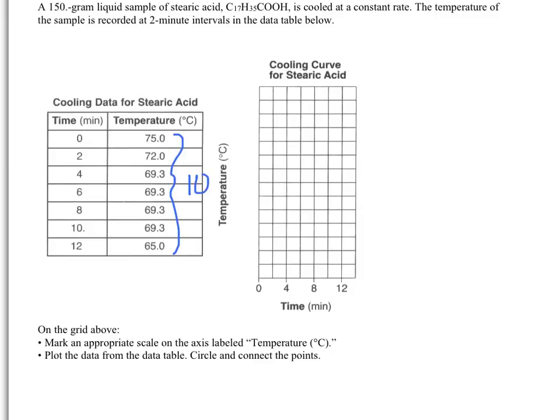Now, what many students may wish to do is to make their scale so that every number from 0 to the top number is displayed. That actually is not the best graphing technique, as we're really only concerned with the numbers given. In chemistry, our scales do not have to begin with the origin 0, 0, but what is not allowed is a line break.